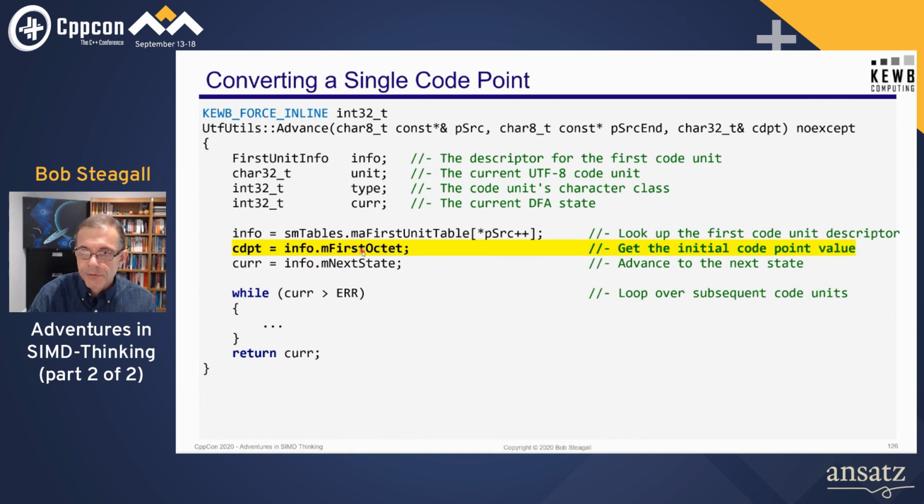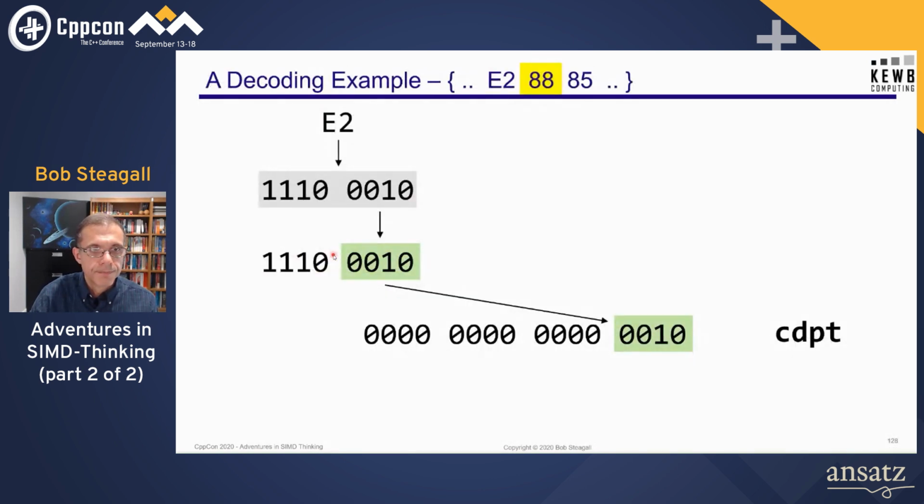One is the first octet, and it tells you what the beginning code point is. And then it tells you what the next state in the transition is going to be. So the first state transition is special. The legal values of octets for the first octet in a sequence are different than the legal values for the second, third, and fourth octets in a sequence.